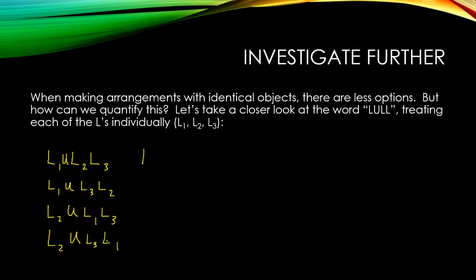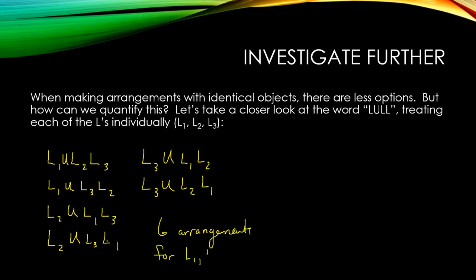Or you could have L3 in the front and L1 and L2 on the end and just change their order around. But you can see they all spell lull. And there were 6 arrangements for their positions for L1, L2, and L3. Of course, with our knowledge, we know that comes from 3 factorial ways to arrange those objects.